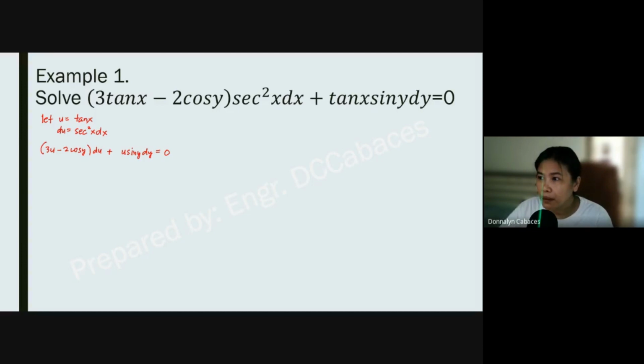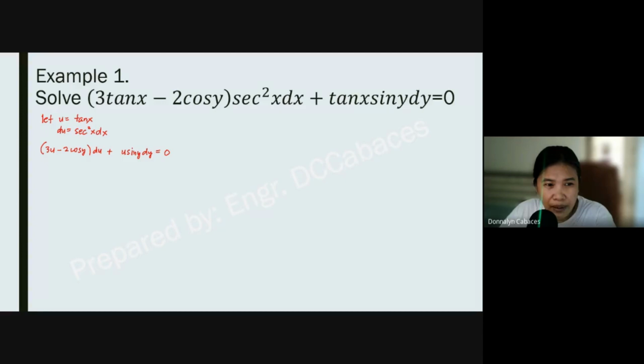Okay? And now, what are we going to have with this differential equation? What is then the differential equation formed? If you look here, this is not a separable equation.